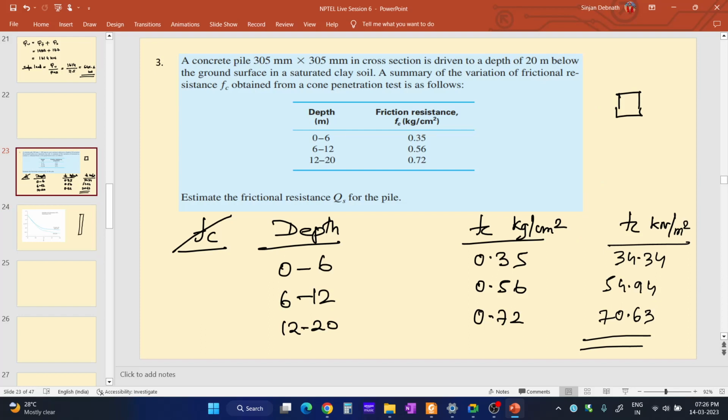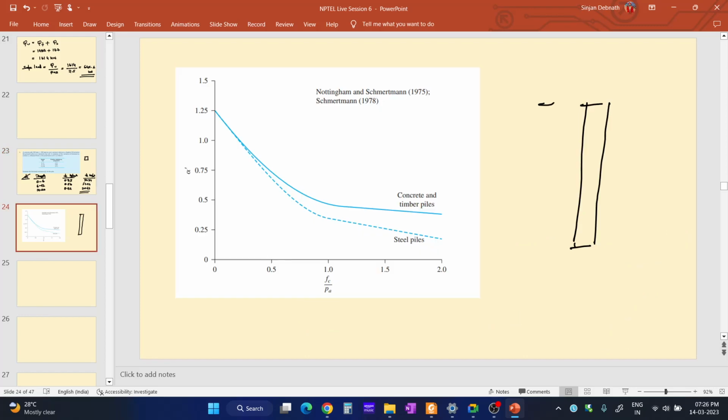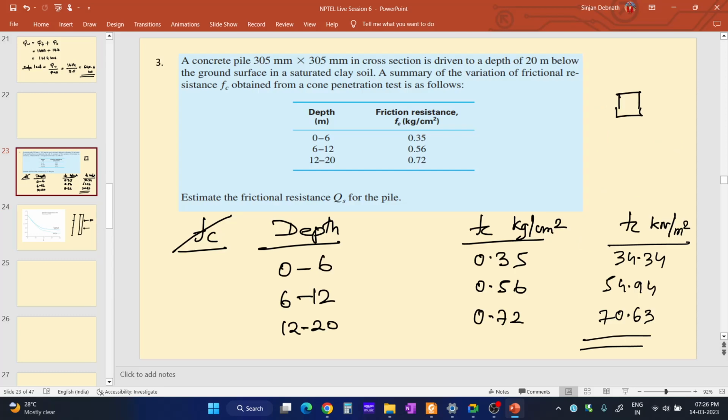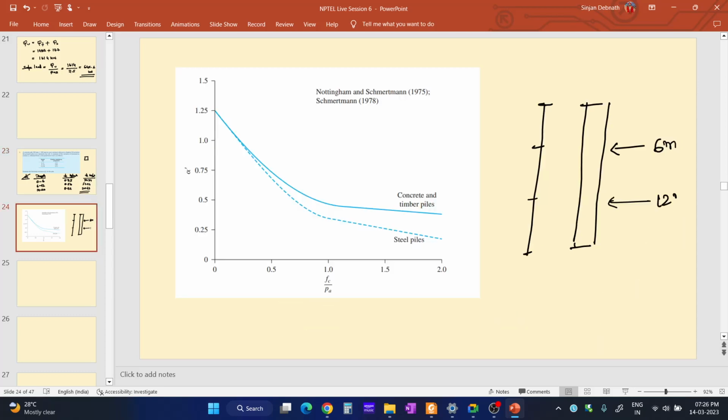Along the depth, frictional resistance is given for 0 to 6, 6 to 12, and 12 to 20. That means the thickness of this portion is 6 meter, the thickness of this portion is also 6 meter, and the thickness of the last portion is 8 meter.